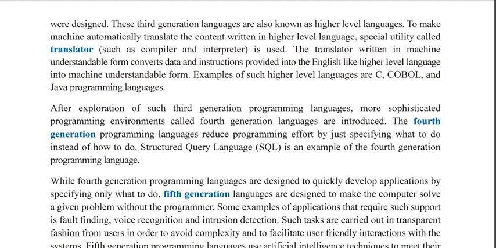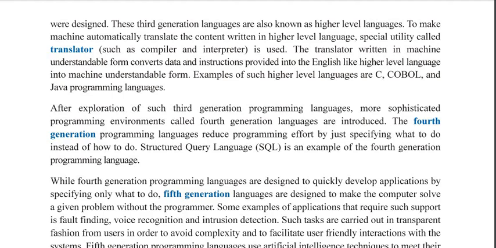Now what is the work of the translator? To convert the high level language to the lower level language, meaning the machine language. The translator, written in a machine understandable form, converts the data and instructions provided in an English-like high level language. The high level languages are C, COBOL and Java.